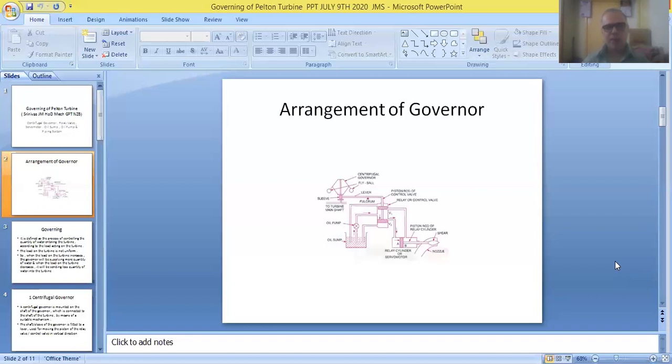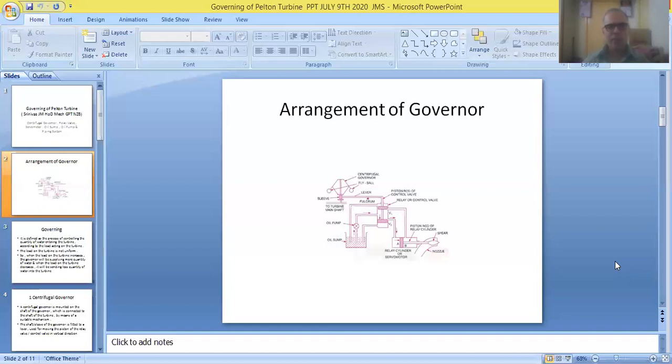Similarly, when the first piston is moving in upward direction, it will be sending oil from the right hand side of the servometer and receiving oil coming out from the left hand side of the servometer. So if oil is entering from one side of the servometer, it will be leaving from another side.